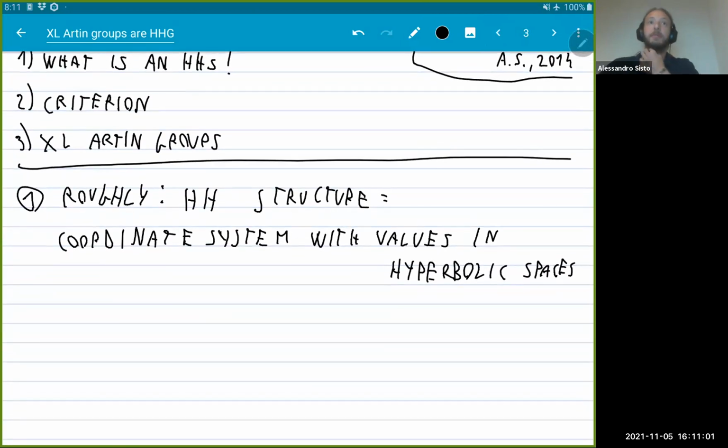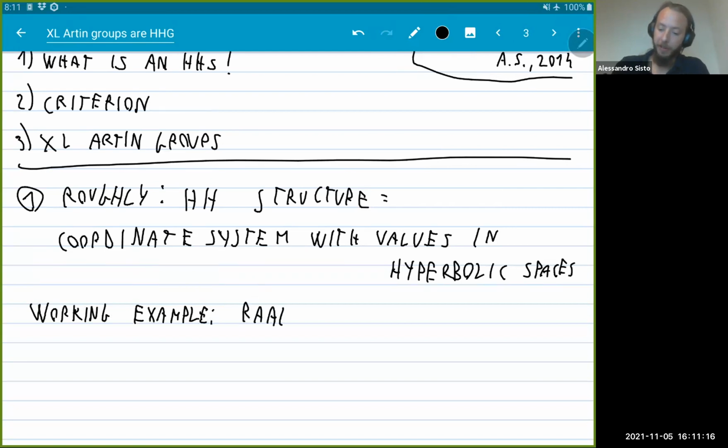So the coordinate system with values in hyperbolic spaces. Very good. And to explain what that means, I'm going to have a working example, which is the right angle Artin group, if you know what that means, on a path of length 3.